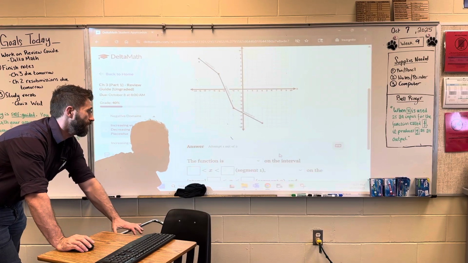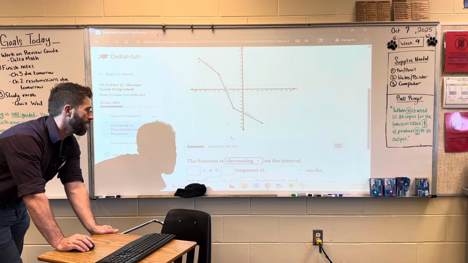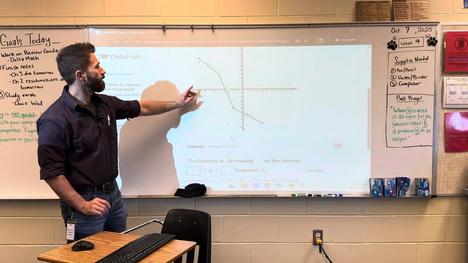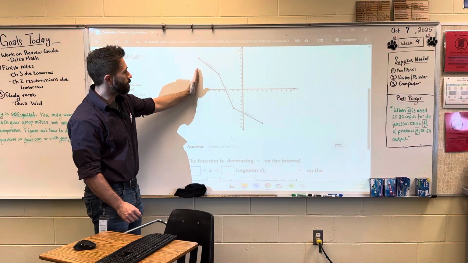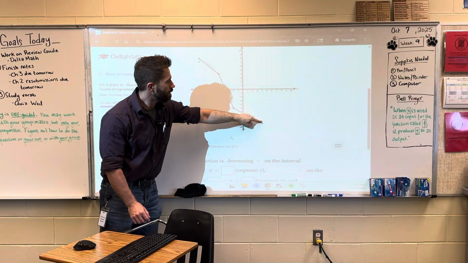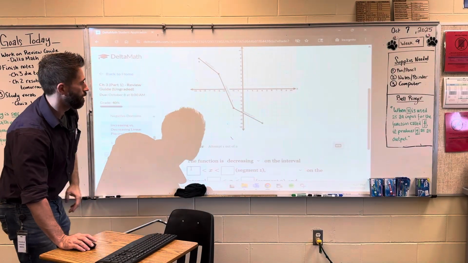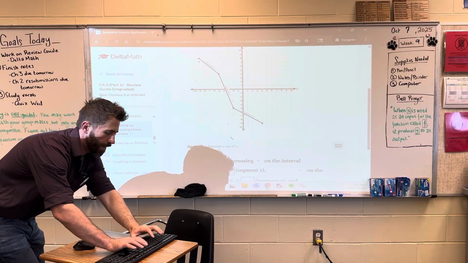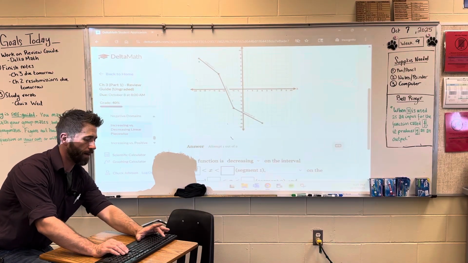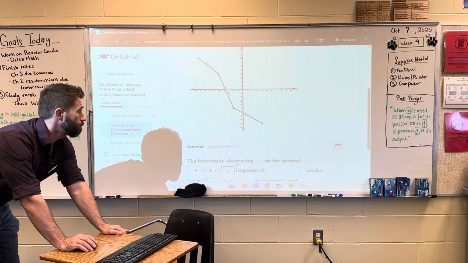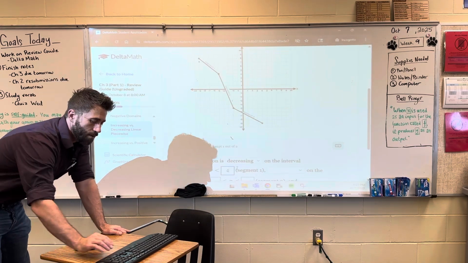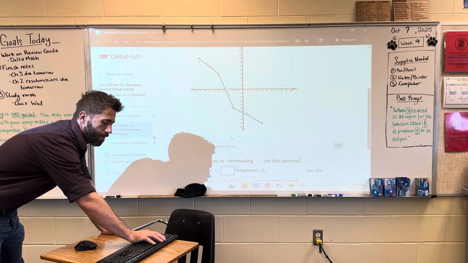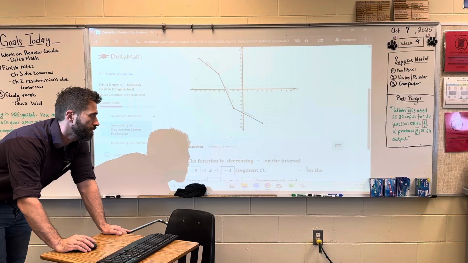So we're going to say the function is decreasing over the entire thing, so the leftmost point is -9, the rightmost point is +4. So between -9 and +4, it wants segment 1, so -9 to -3, it's decreasing.